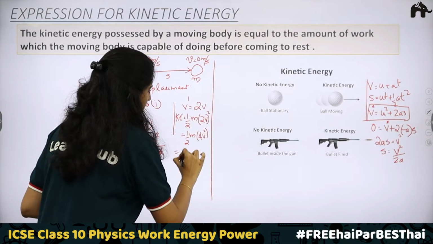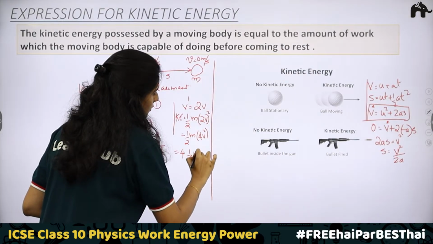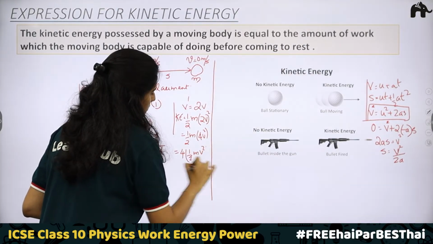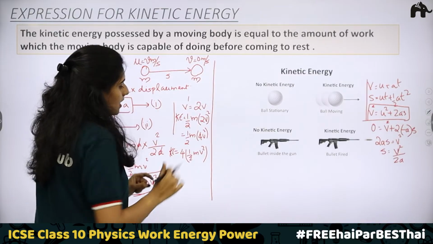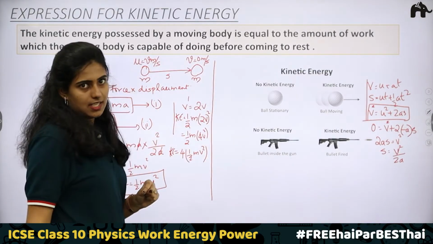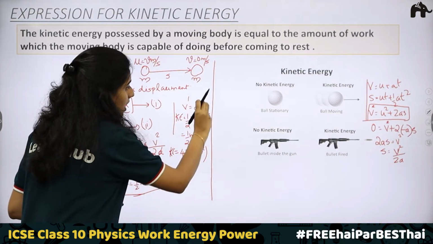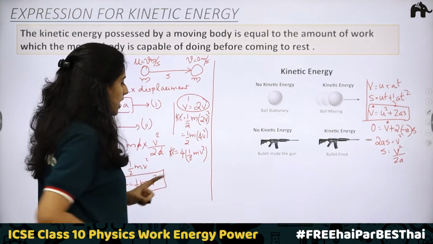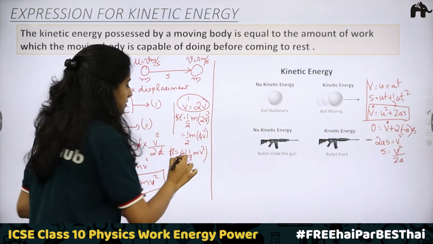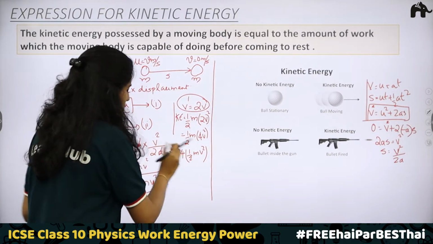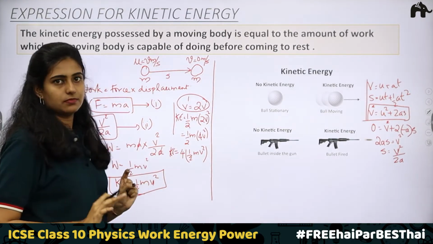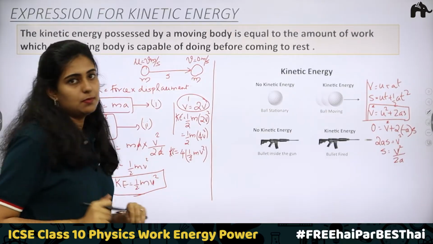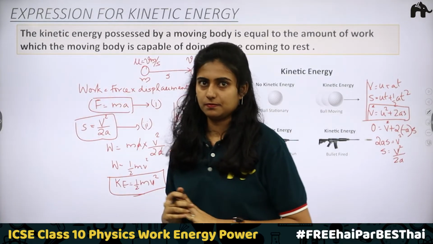Taking this 4 outside, 4 into half mv square. This is the original kinetic energy, which means when the velocity becomes 2 times, kinetic energy becomes 4 times the original kinetic energy. This is how kinetic energy depends on mass and velocity.